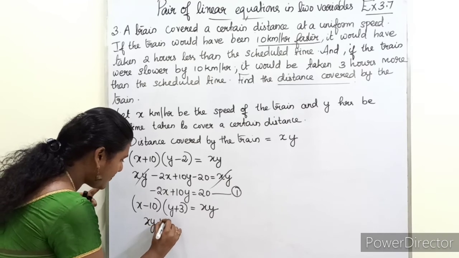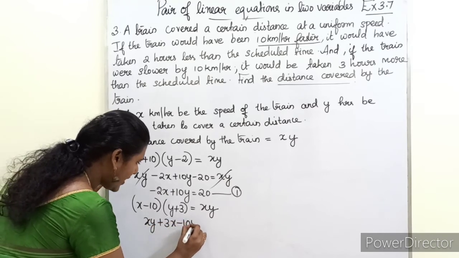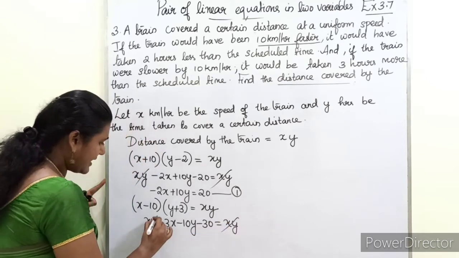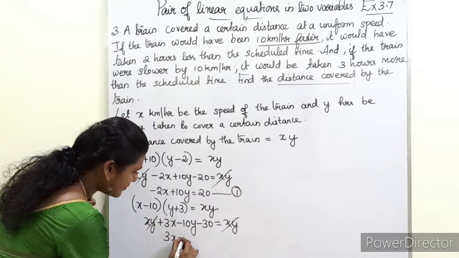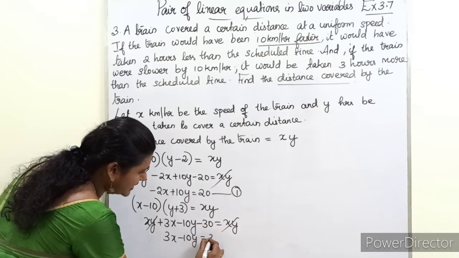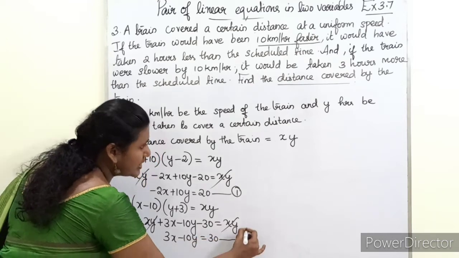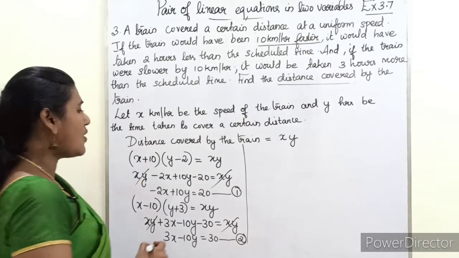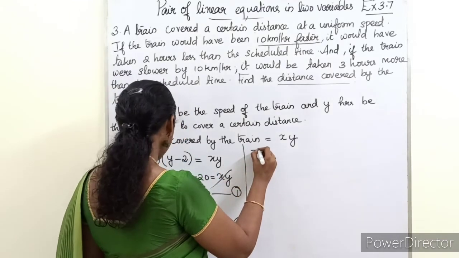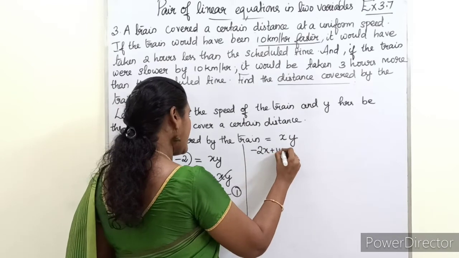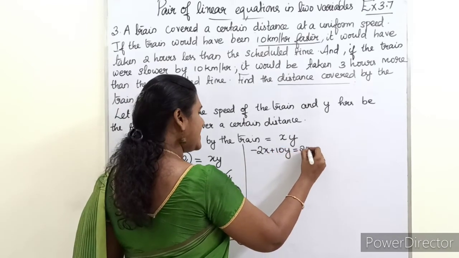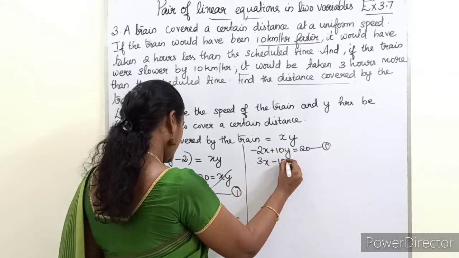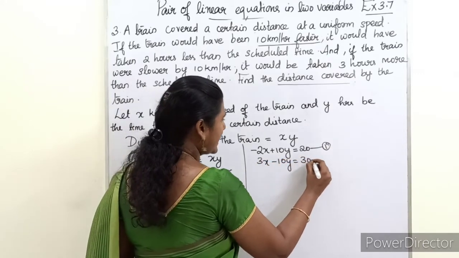So xy plus 3x minus 10y minus 30 is equal to xy. So here we can cancel this. So 3x minus 10y is equal to 30. So this is the second equation. So we got the two equations. Now we are going to solve this. That is, minus 2x plus 10y is equal to 20 is the first equation and 3x minus 10y is equal to 30 is the second equation.